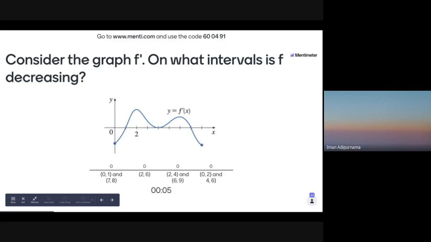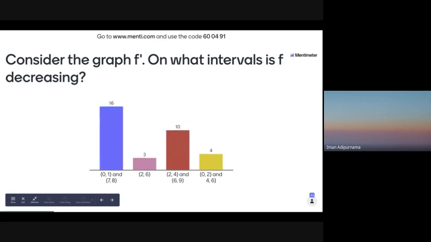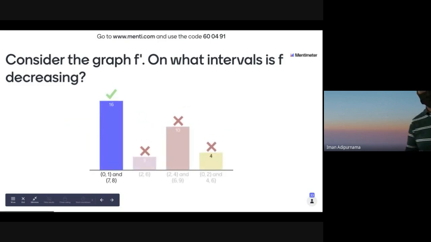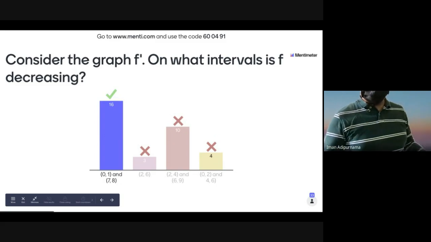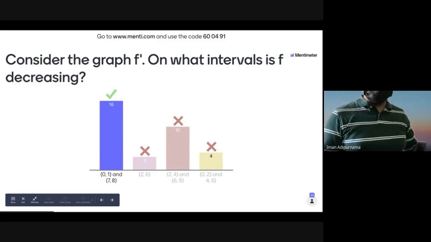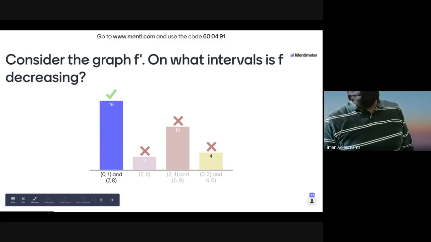Okay, 5, 4, 3, 2, 1. Careful, careful. Sorry if the timer is a little bit fast, because I believe you should be more familiar.